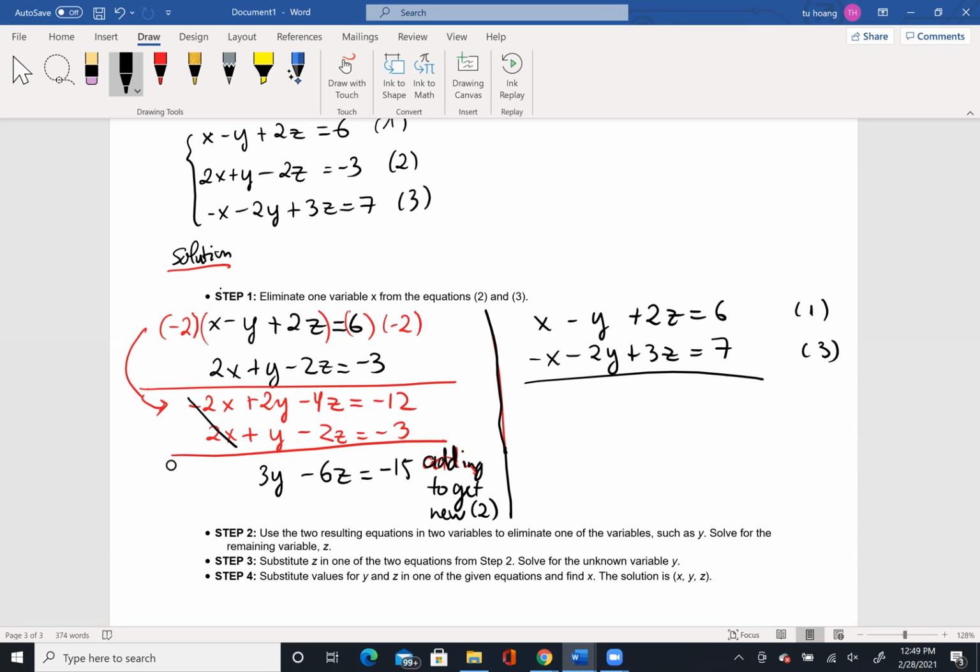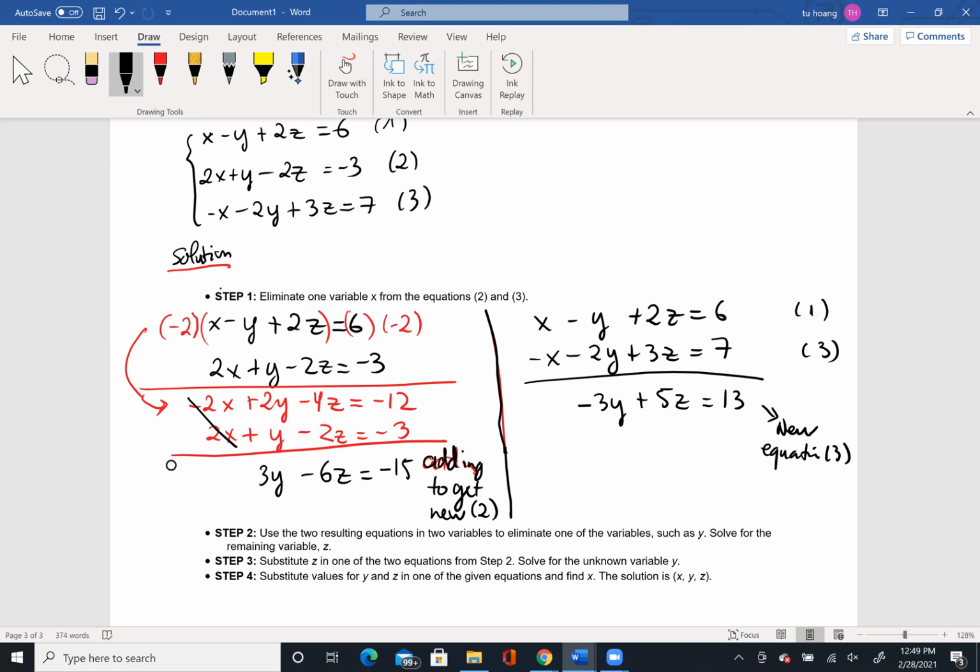So x minus x is 0, and then -y minus 2y is -3y, plus 5z equals 6 plus 7, which is 13. So this is new equation 3.